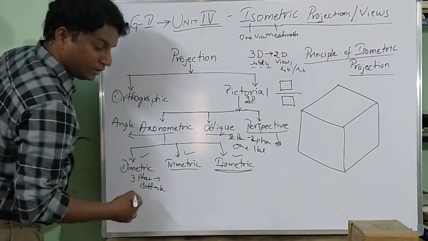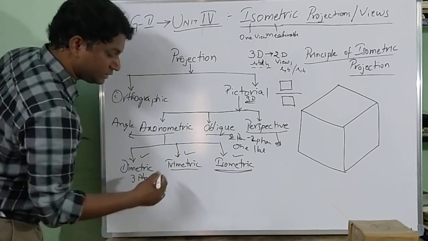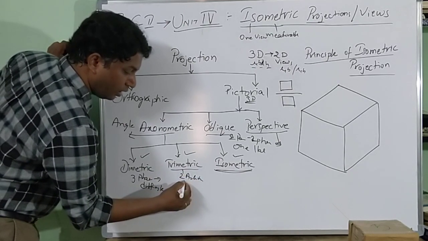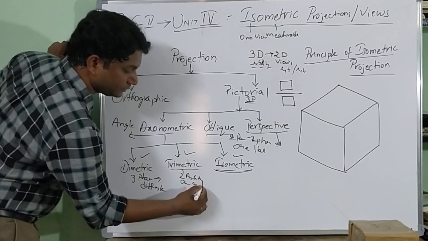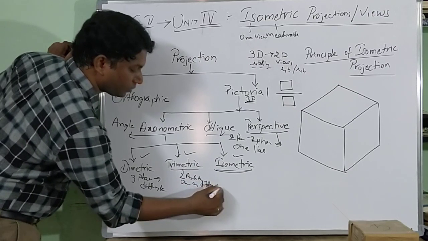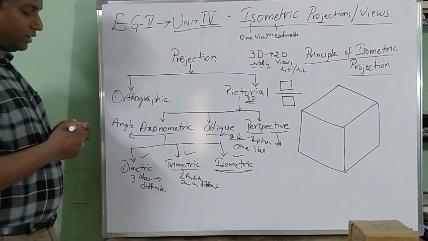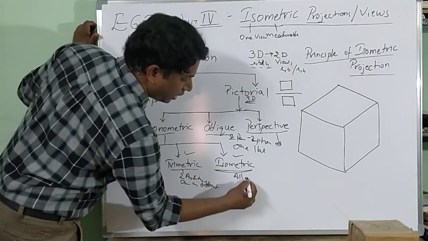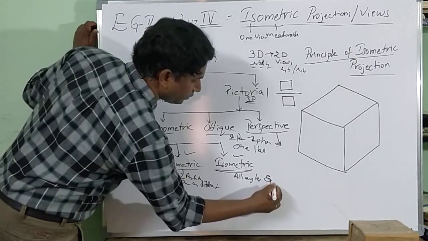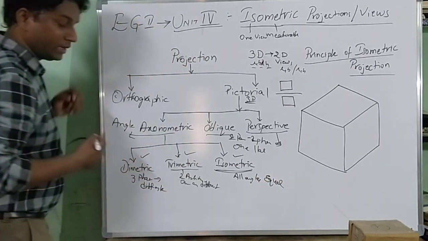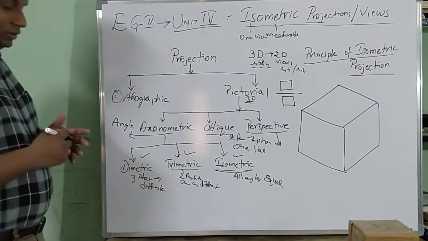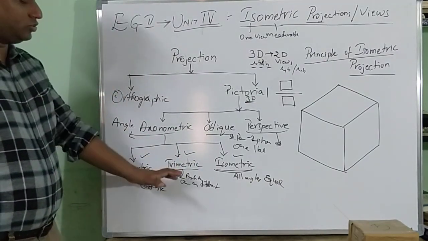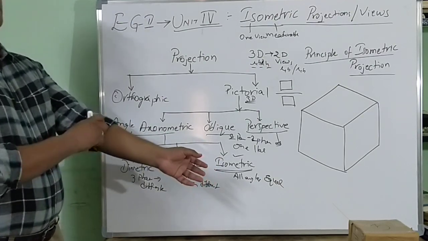Trimetric means two angles will be the same and one angle will be different. Isometric means all angles are equal. Diametric, trimetric, isometric: three different angles, two different angles, all angles equal.